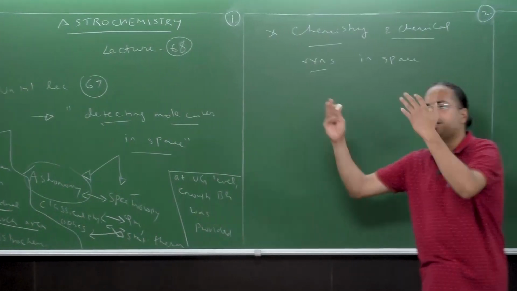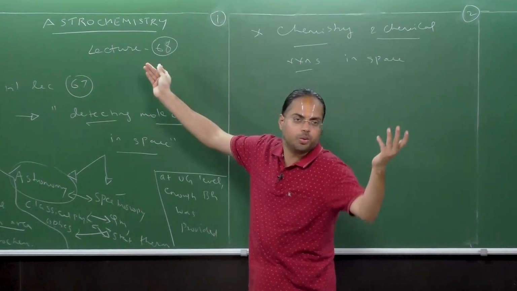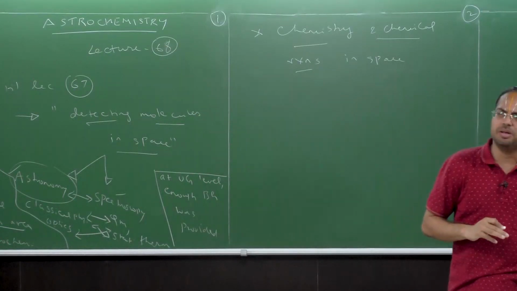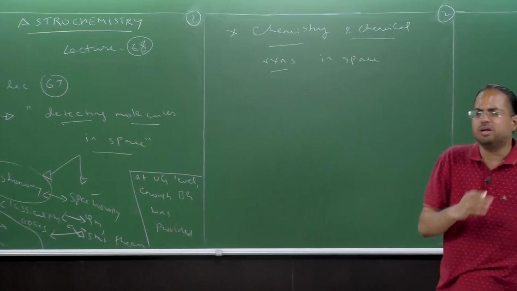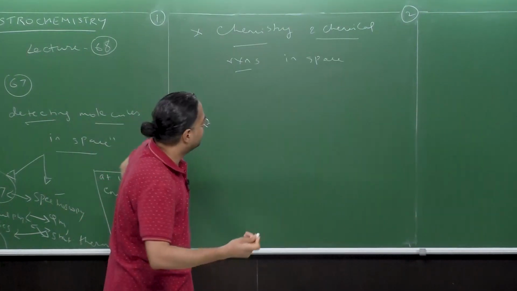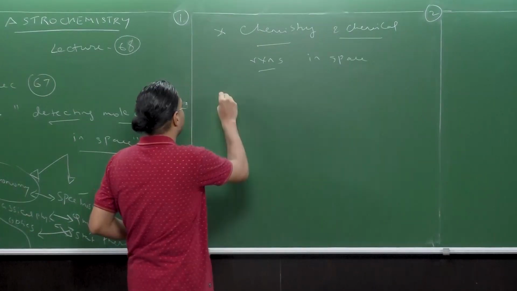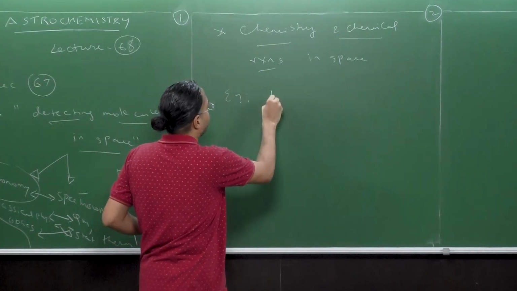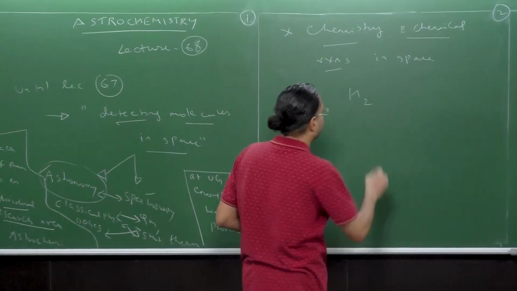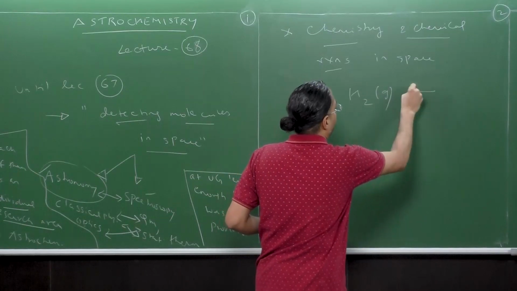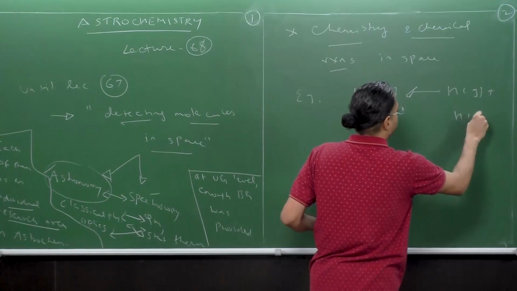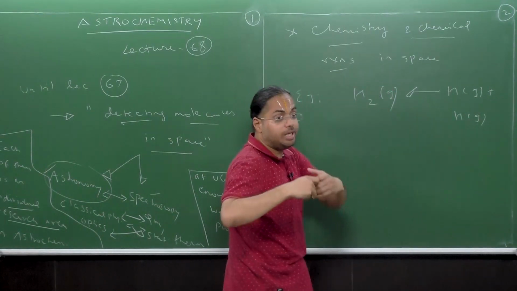Go back in time, probably around lecture number late teens or early 20s, and take a look at that video. I told you about the simplest reaction one could imagine, for example, the formation of H2 in the gas phase from H gas and H gas, which liberates a lot of energy.